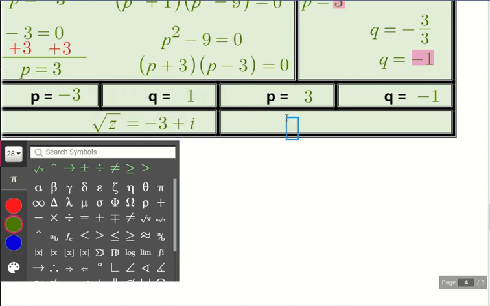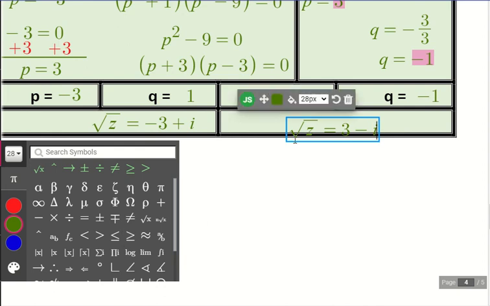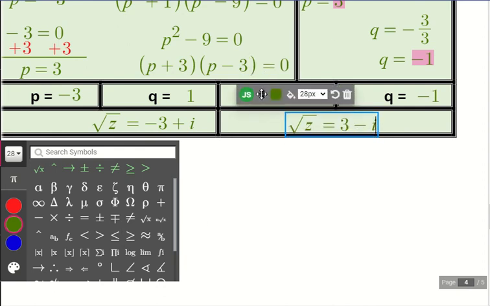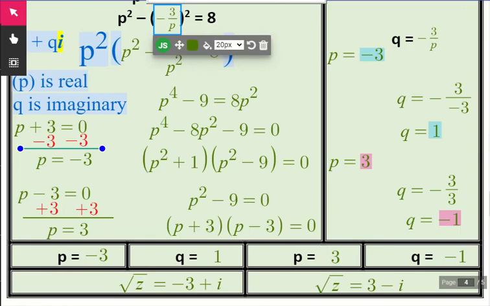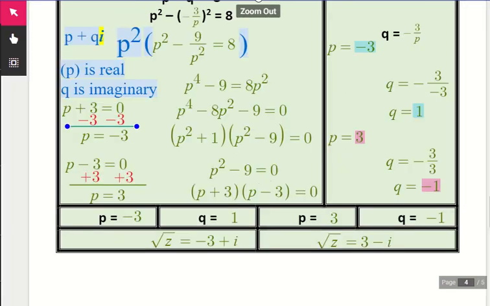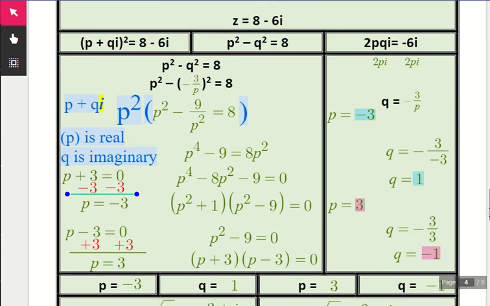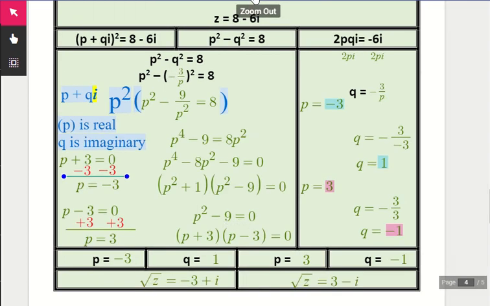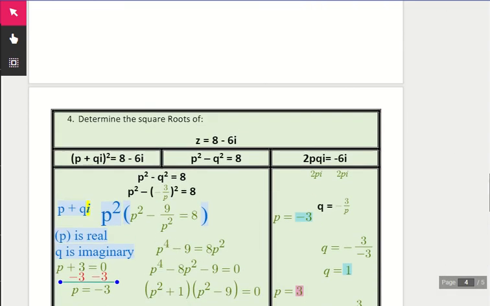The other square root of z equals positive 3 minus 1i. And that's how you calculate the complex roots. And that is our answer for question number 4.